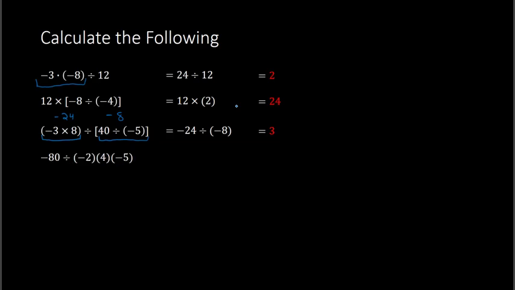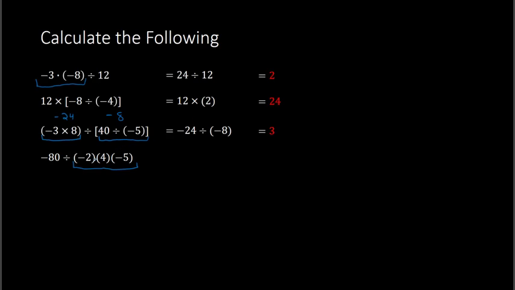Alright, let's look at another example. Negative 80 divided by negative 2 times 4 times negative 5. So let's work from this over here, the multiplication first. We'll do all of that first, and then we'll divide after the fact.